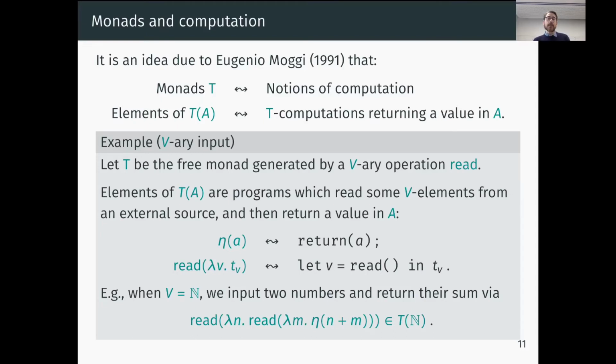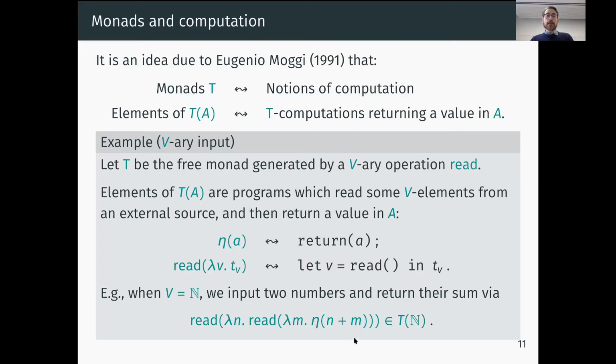All right. And so maybe an example will help illustrate this a bit better. So suppose V is the set of natural numbers. So then T(N) is the set of programs which are allowed to request natural numbers from an external source and then eventually will return a natural number. Okay? So we could input two numbers from a user and then return their sum.